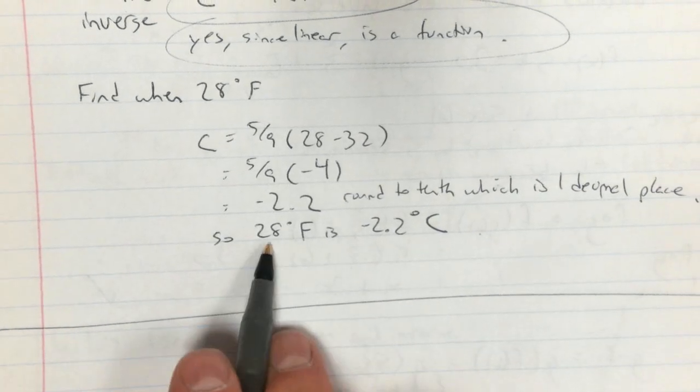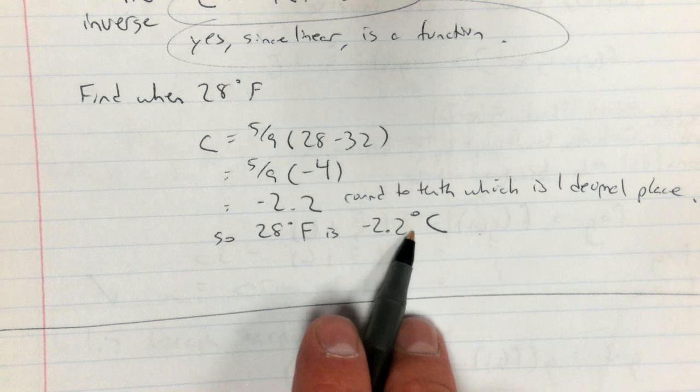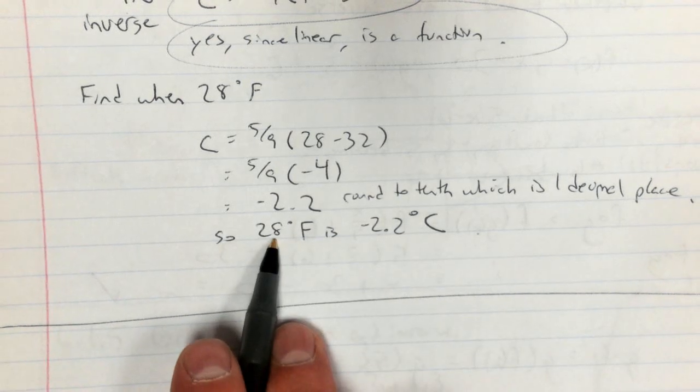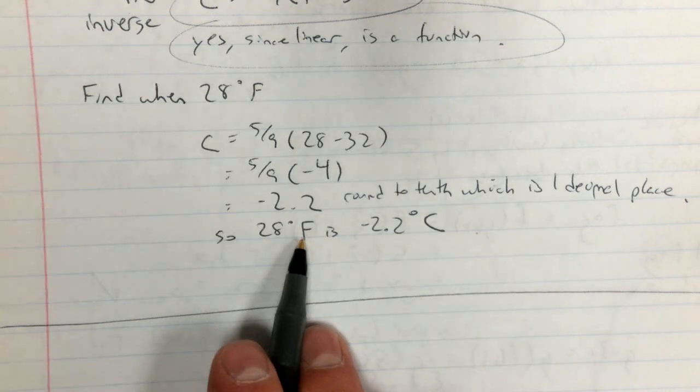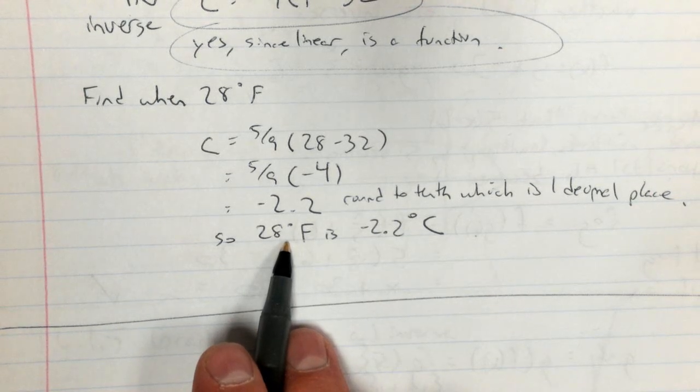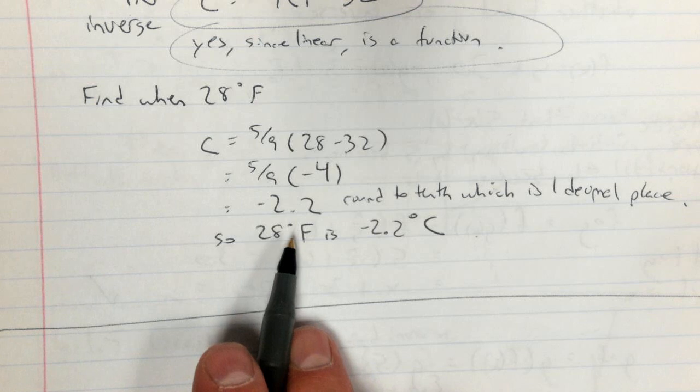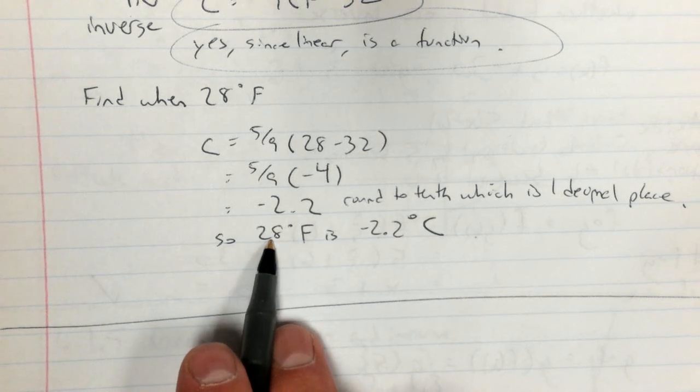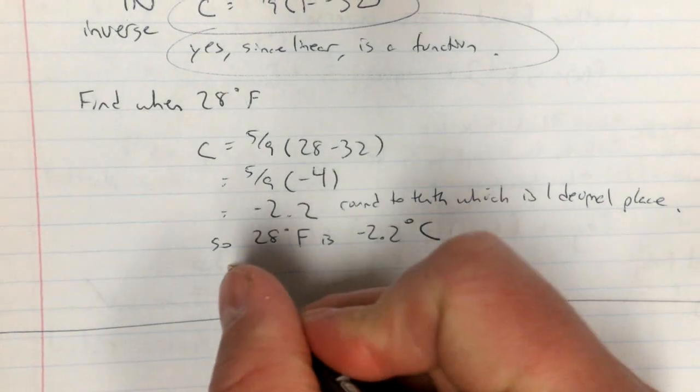And so negative 2.2 degrees Celsius would be the same as 28 degrees Fahrenheit. Basically, 32 degrees, as you probably know, is freezing. And so if it's below 32, then it would be below 0.